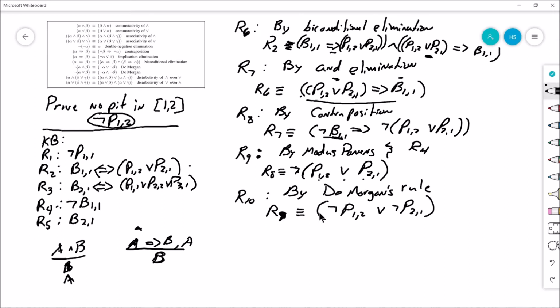R9 is equivalent. Okay, so through this series of transformations, I started off with these first 5 facts, and then I just started applying equivalencies and inference rules. Now I've gotten to the point where I have a sentence that says there's no pit in square 1,2 or there's no pit in square 2,1.